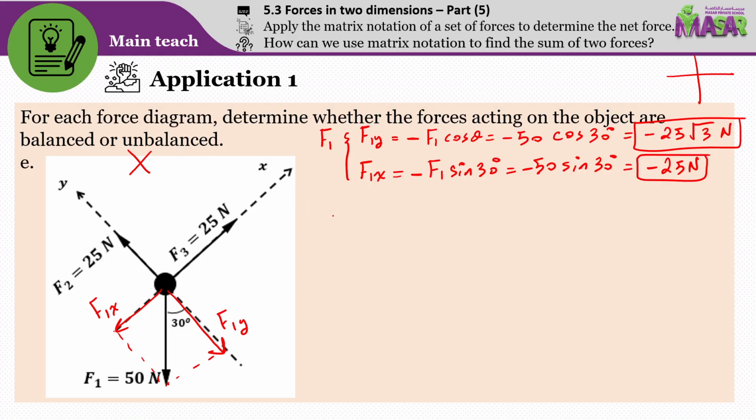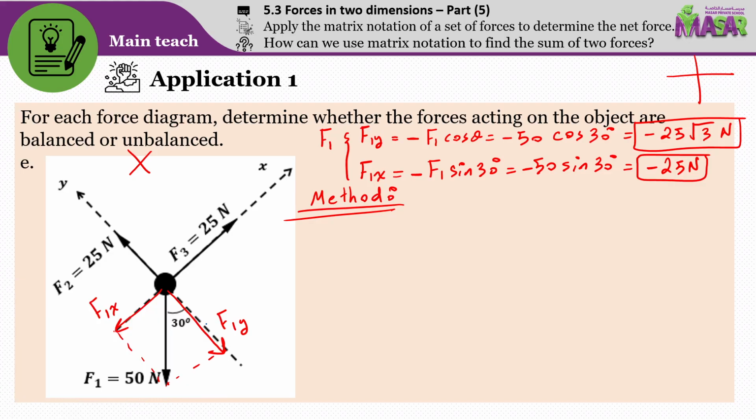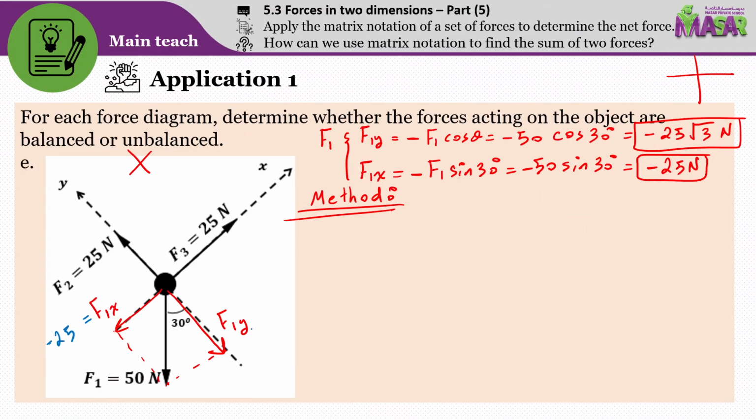Again, I'm going to solve the same problem in two different methods. In the first method, we're going to use the evaluation of left and right. Let me write here that we found that F1x is equal to minus 25, and for F1y, we have minus 25 radical 3.